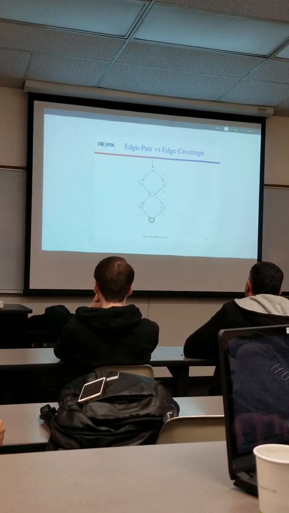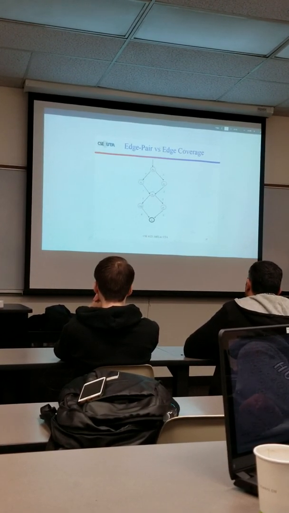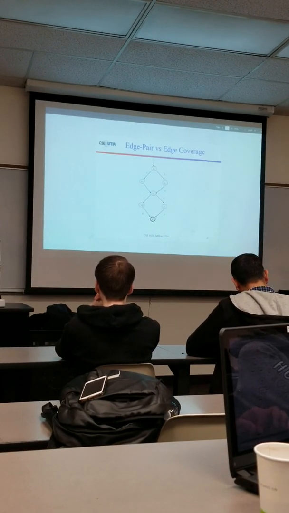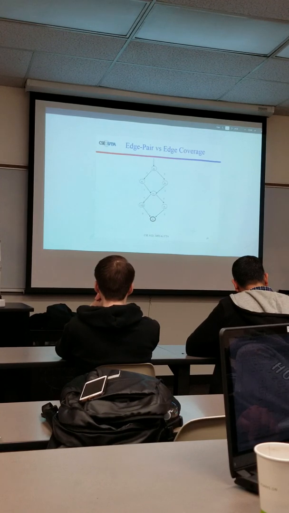Remember, each test path, a path from an initial node to a final node, corresponds to a test execution, right? So can you select in the graph test paths that achieve edge coverage? Each edge has to be executed at least once.